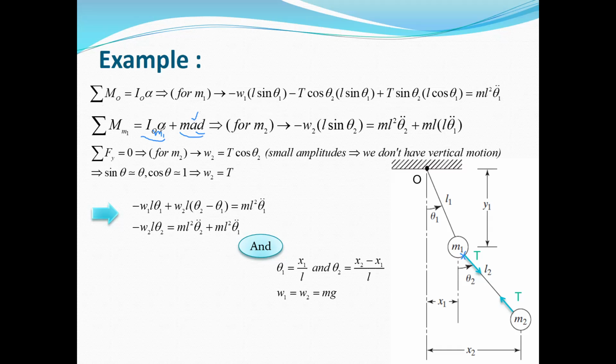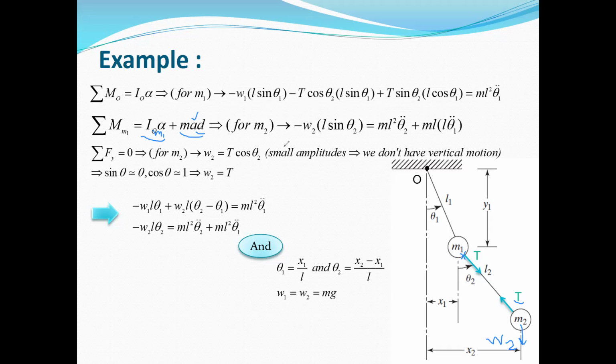So we can write, and here again in the free body diagram for mass M2, we have the tension T. This tension passes through M1, so it doesn't have any moment, and we only have the weight, which is called W2.